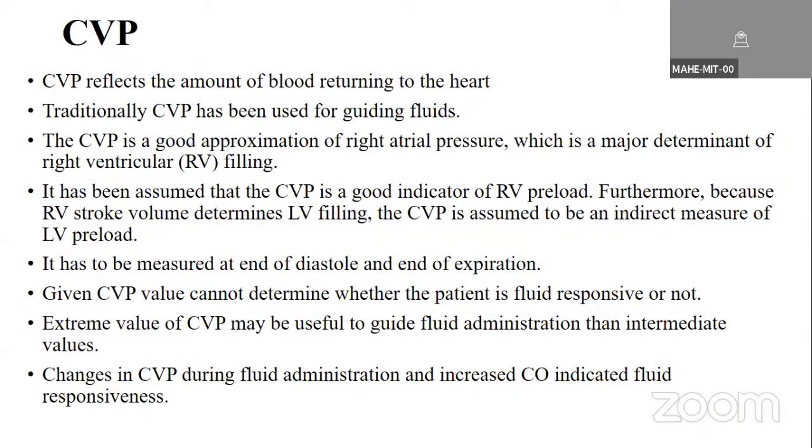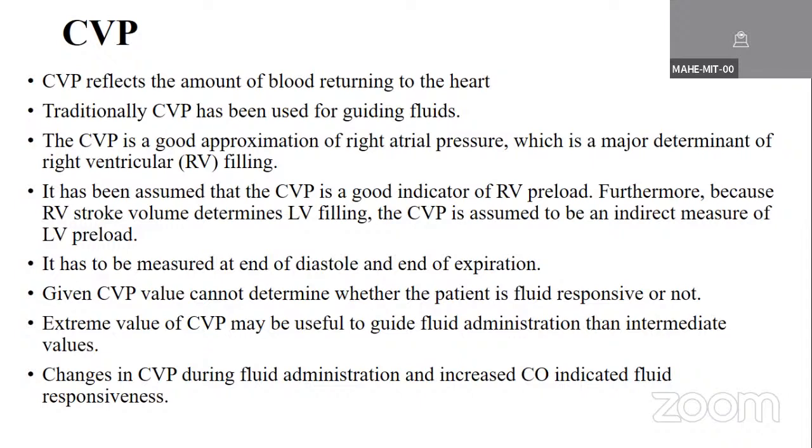Coming to the static parameters, first is the traditionally used CVP. CVP is measured using a central venous catheter, whose tip is placed at the junction between the right atrium and the SVC, and it helps to measure the blood returning to the heart. It has been traditionally used to guide fluids. The CVP is a good approximation of right atrial pressure and is a major determinant of right ventricular filling.